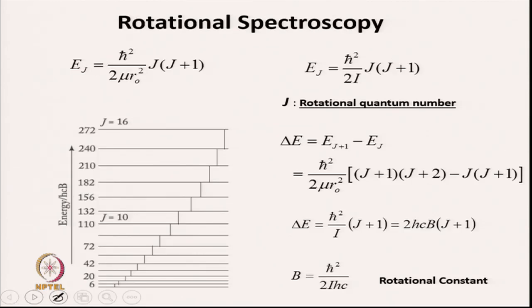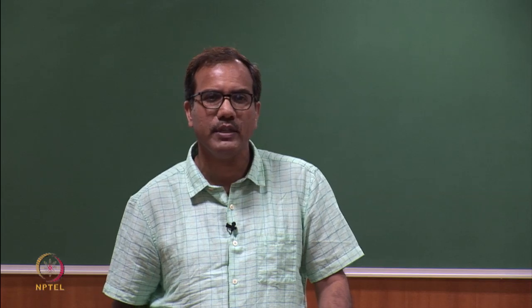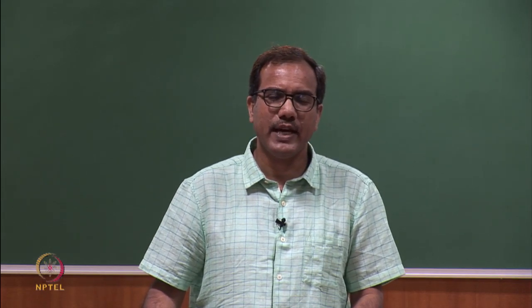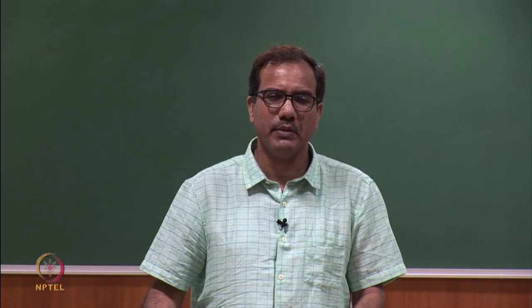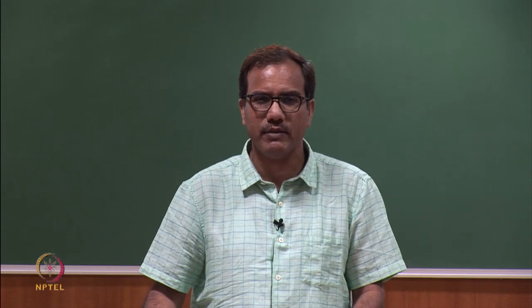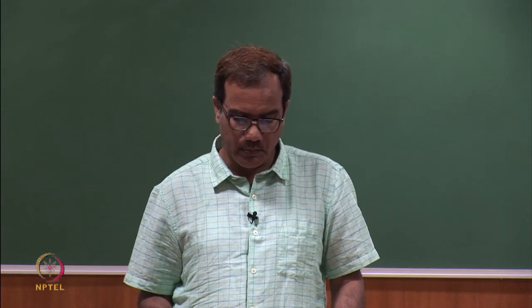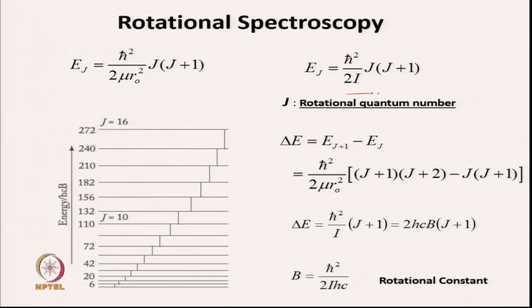Now, in rotational spectroscopy, what we are looking at is the transition from one energy level to another. Since now we know the energy of a particular level, we can know the energy difference between two rotational levels, and once we know that, we can calculate the wave number or frequency associated with that transition. So, E we already know is h bar square by 2I times j into j plus 1.